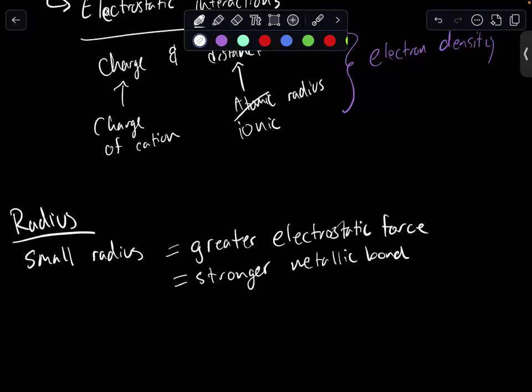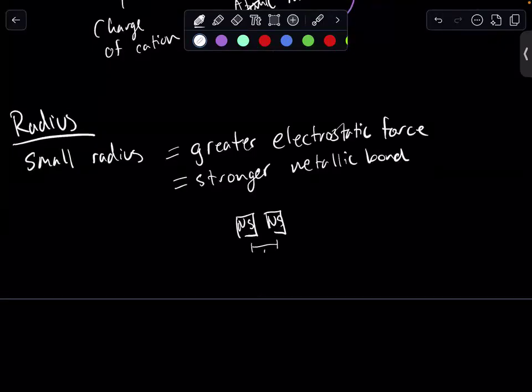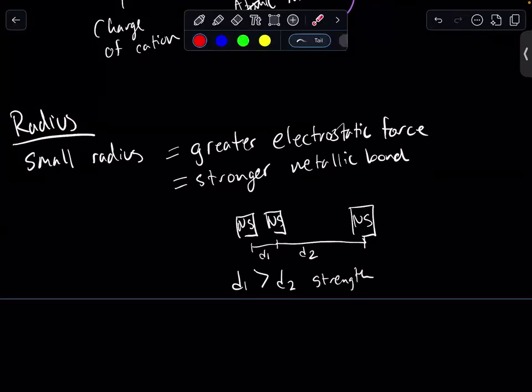You can think about it like taking two magnets and putting them together: having them closer together is always better than having them further apart. So this D1 is always going to be greater than D2 in terms of strength, because when you have them closer, it's stronger. That's what electrostatic forces are.